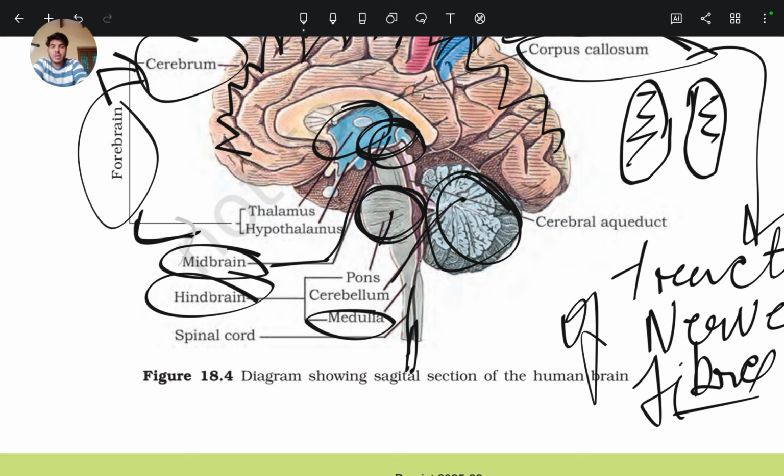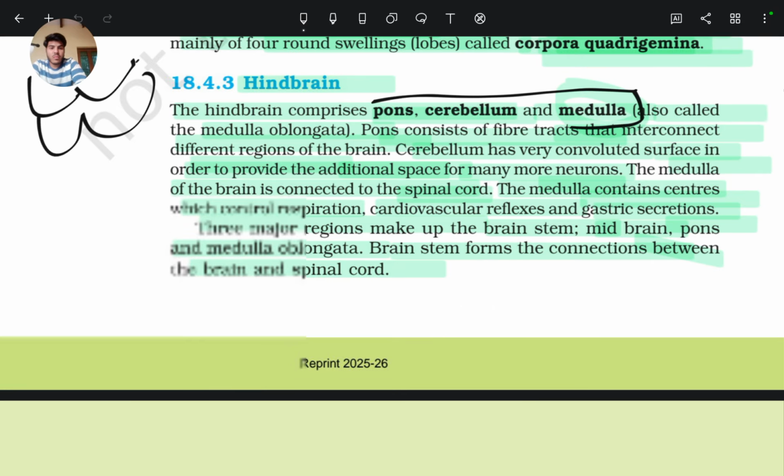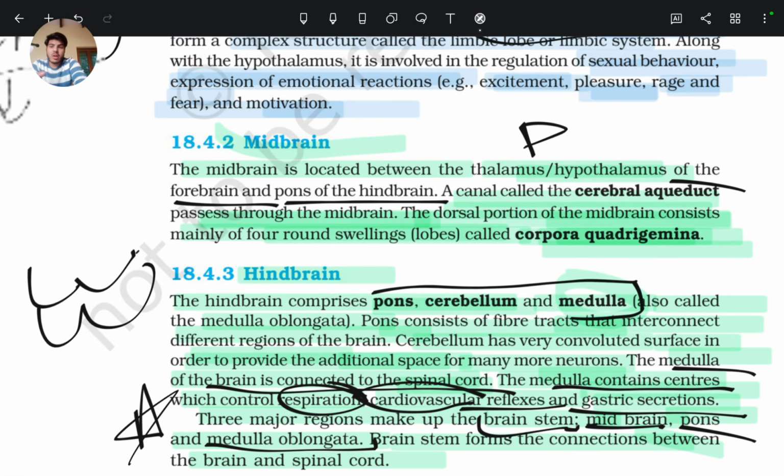The brainstem is the midbrain, pons, and medulla oblongata. The medulla contains centers for respiration, cardiovascular reflexes, and gastric secretion. This is an important point, so learn it.